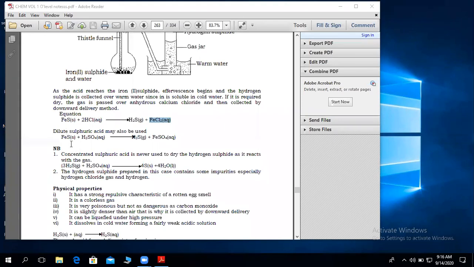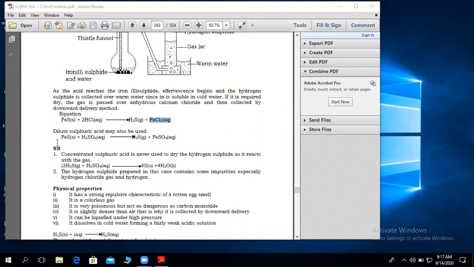NB. Last time I asked you this question and you failed it, yet I had given you the answers. When I say explain why concentrated sulfuric acid is not used to dry hydrogen sulfide gas, please write the equations also.